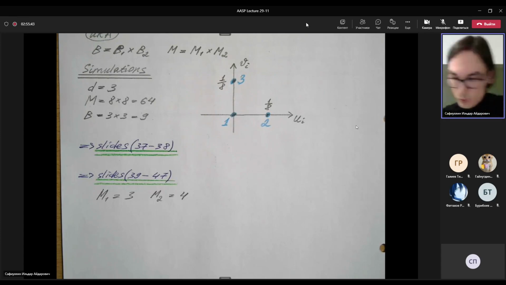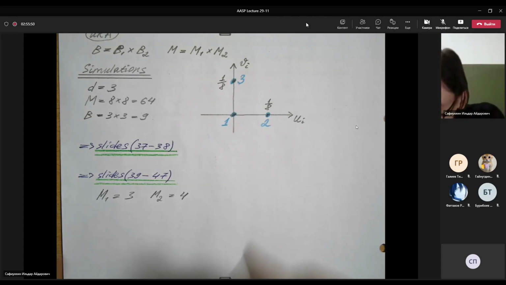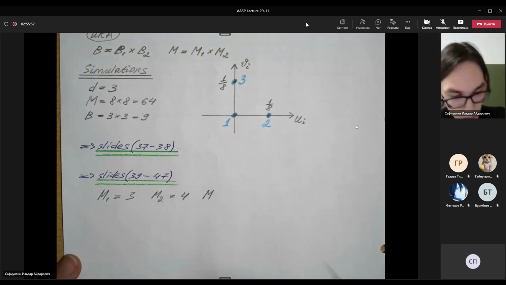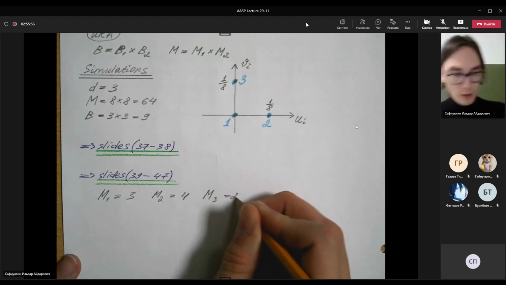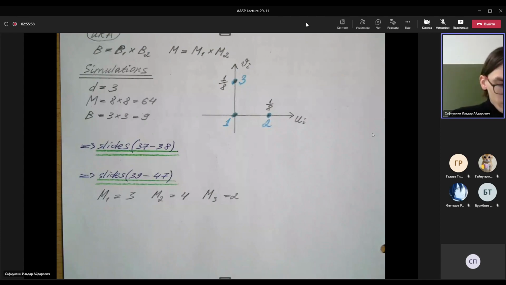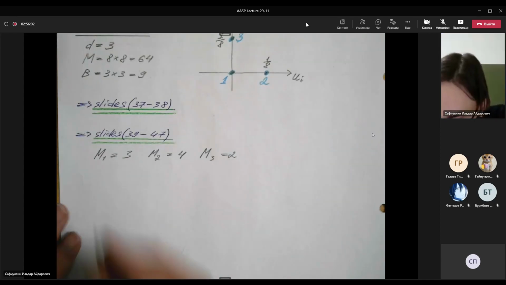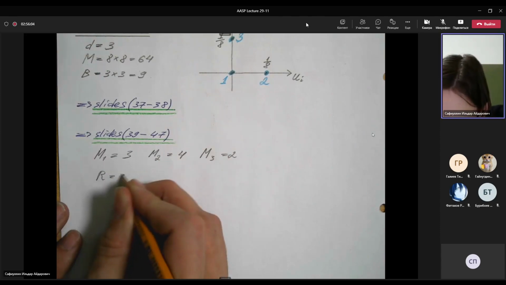And we also assume, in our example here, M3 equal to 2. And this one is for the 3-dimensional case, R is equal to 3.